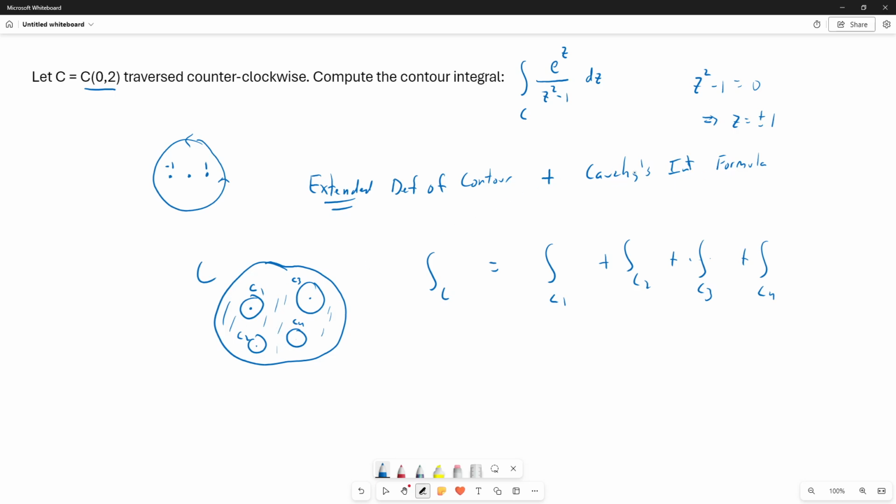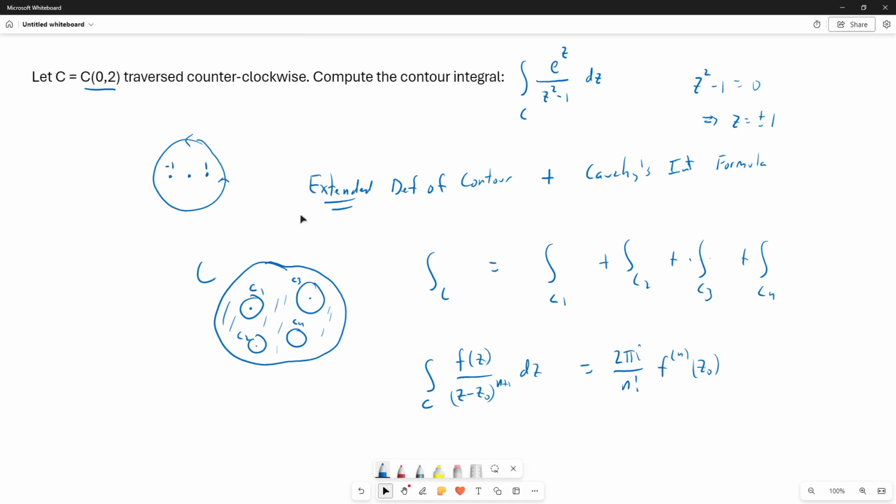And then Cauchy's integral formula says that the integral around a simple closed curve of an analytic function divided by z minus z0 to the n plus 1 dz, where z0 is inside of the simple closed curve, is equal to 2 pi i divided by n factorial times the nth derivative at z0.